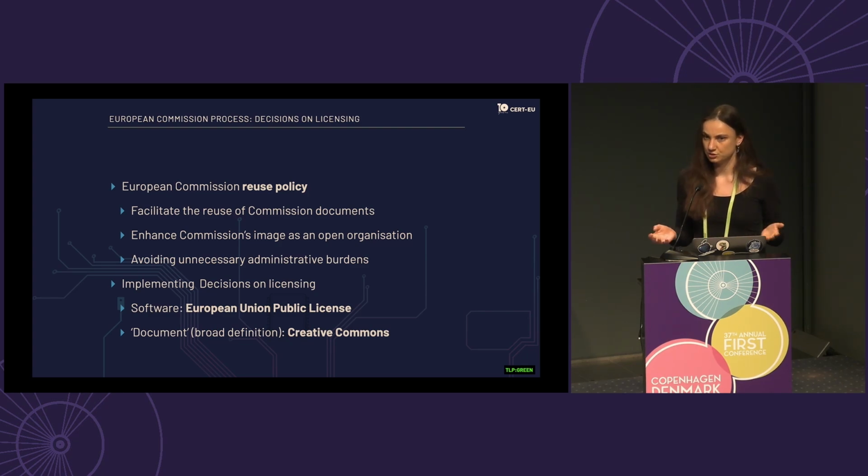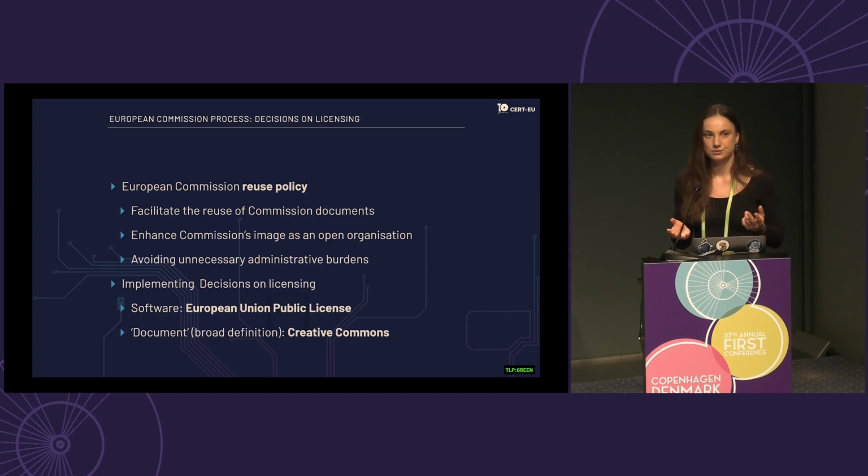Since we're a public institution, the idea is to, well, let the public also access those or use them. Also to enhance the Commission's image as an open organization. So just to, well, be open and transparent about everything that we do internally. And very important, to avoid unnecessary administrative burden. So this is the overarching policy on the reuse.